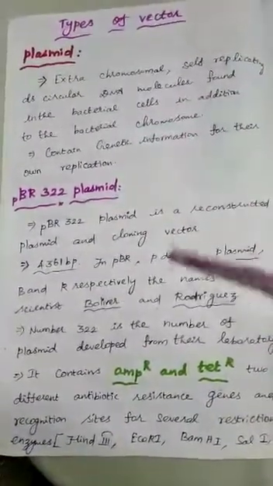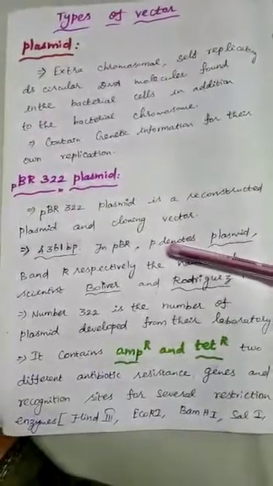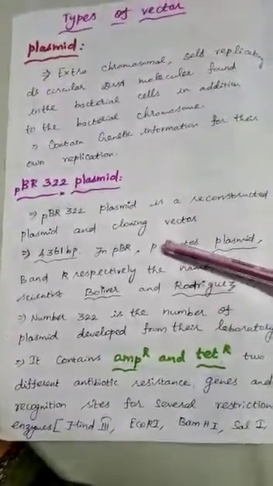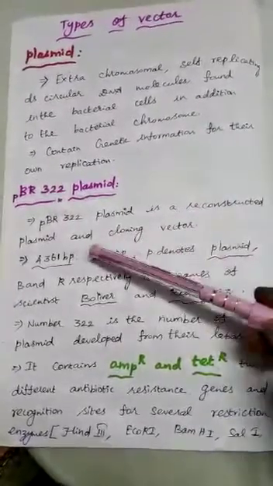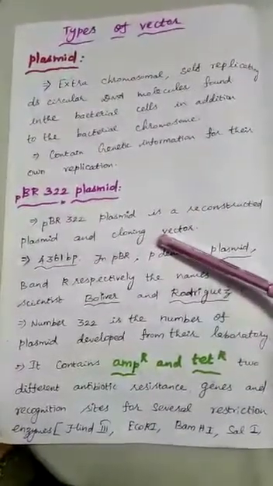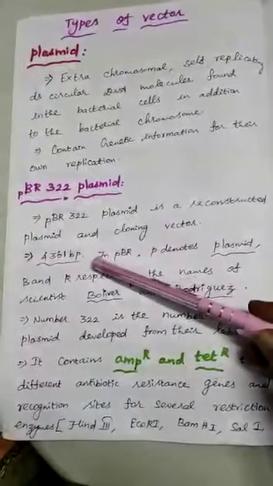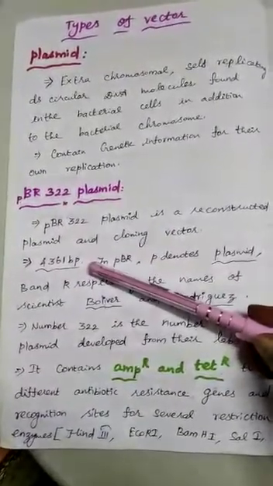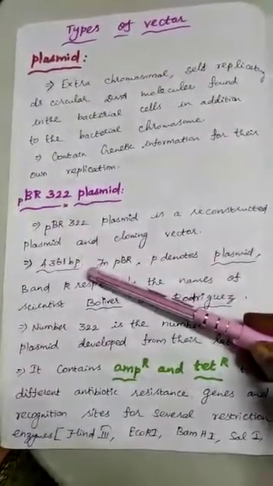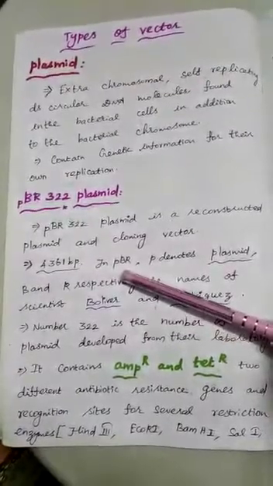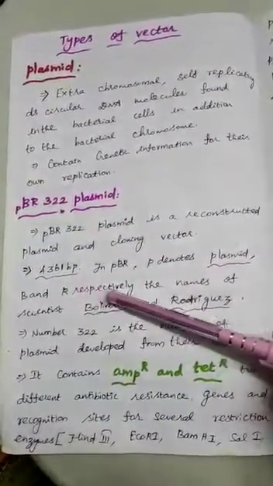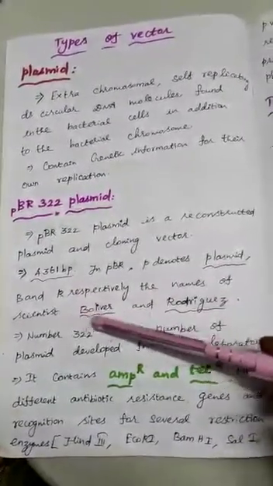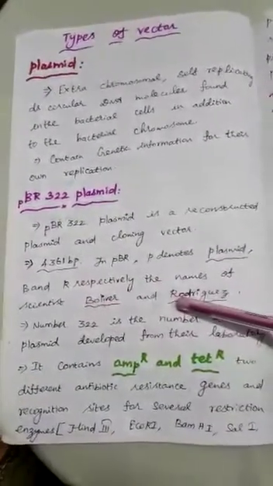Then the types of vector. Let us see the pBR322 plasmid. pBR322 is a reconstructed plasmid and a cloning vector, and it has 4361 base pairs. In pBR322, p denotes plasmid, and B and R are the initials of the scientists Bolivar and Rodriguez.